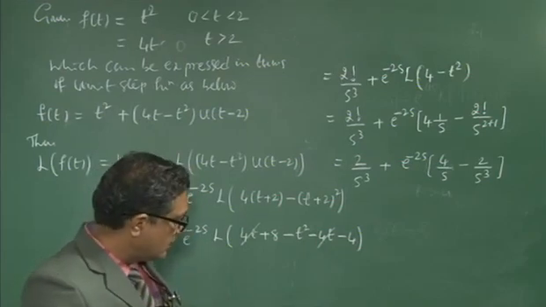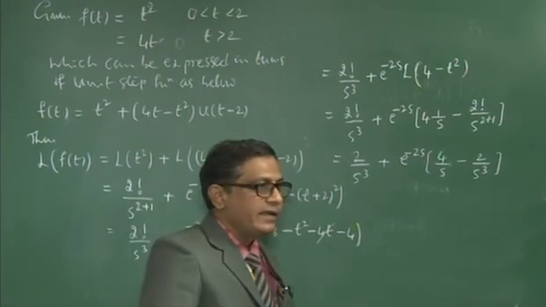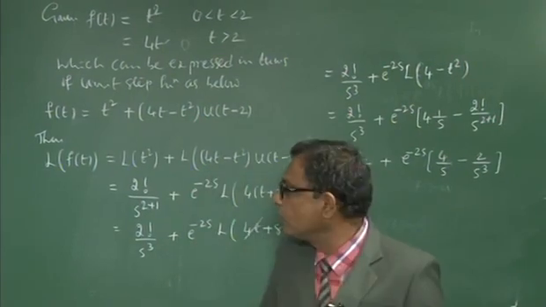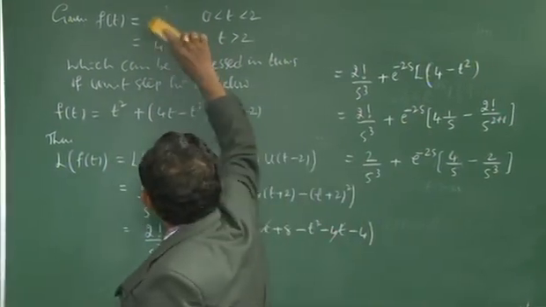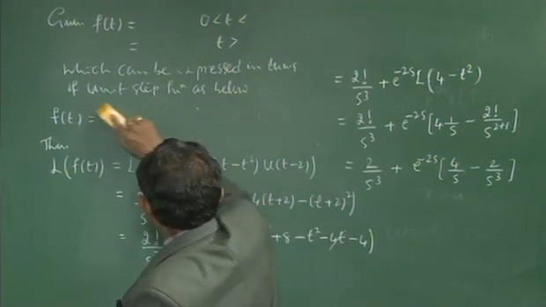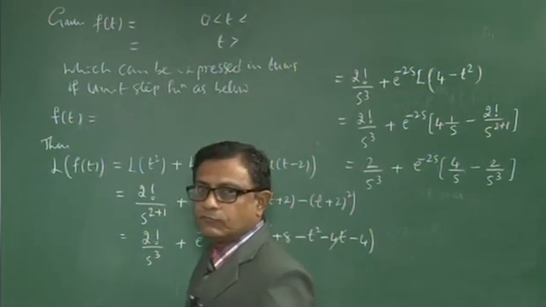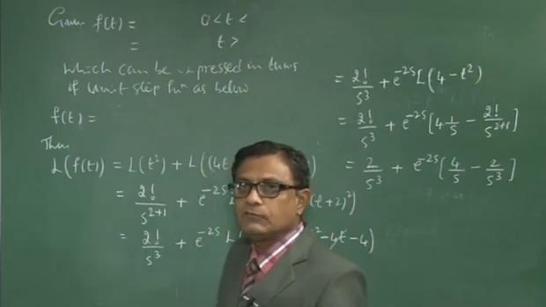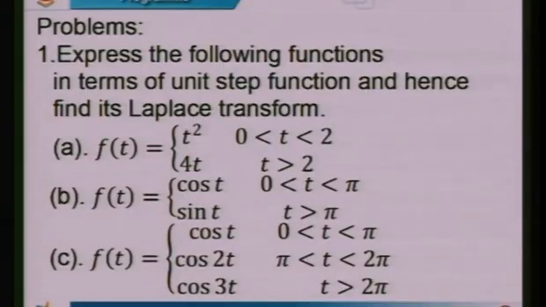Yes, now we will do the second example, which is a trigonometric function. What is given? F of t is cos t in the interval 0 less than t less than pi, and sin t for t greater than pi.